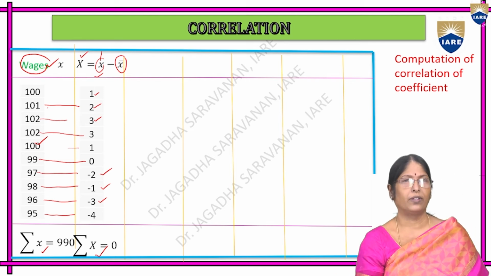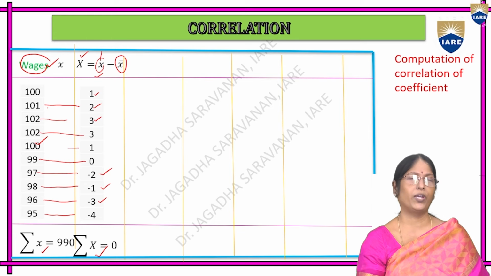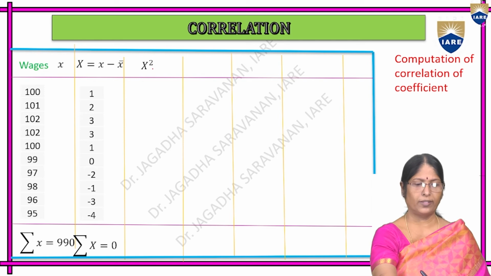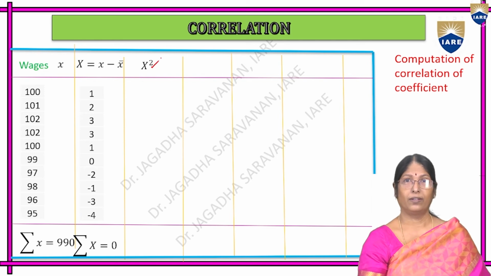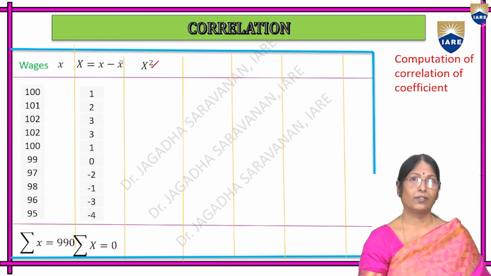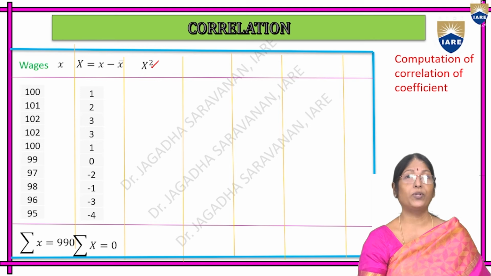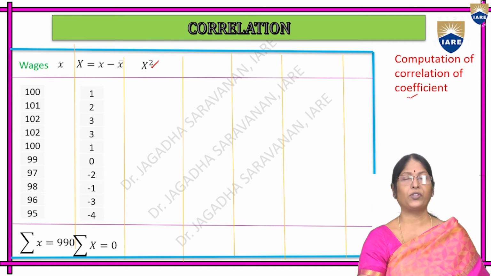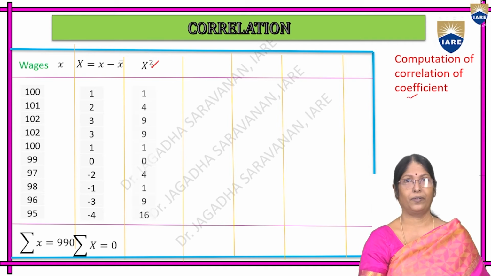Then we won't get any confusion at all, and all the students can easily solve. Capital X square, because in the formula this term is there. Our aim is to substitute the values in the formula. Based on that we are constructing this table. The table name is computation of correlation coefficient.